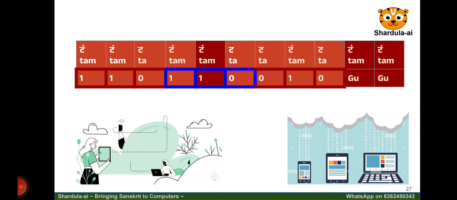Traditionally, three of these numbers are taken at a time to form a Gana. So a Gana of 110, 110, 010 and Guru Guru.